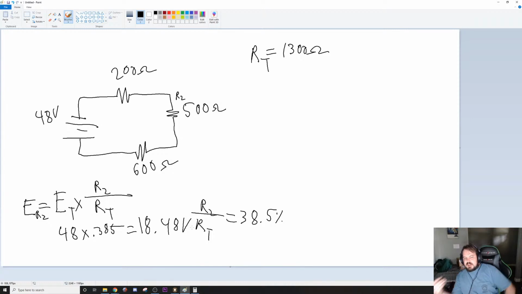So now that I've done all that, let's say that you looked at what I did and went, yep, didn't get it. This is a series circuit, and all you have to do is work it just like a series circuit.